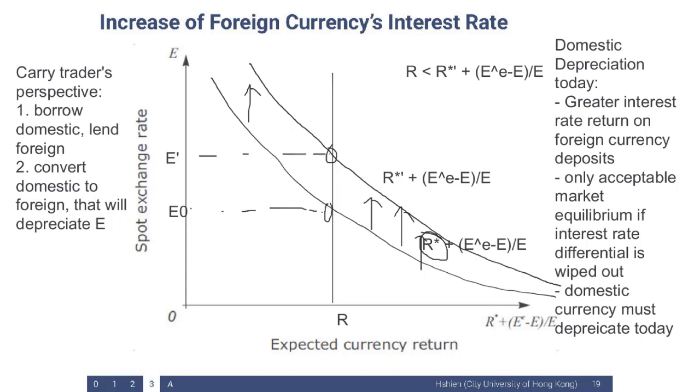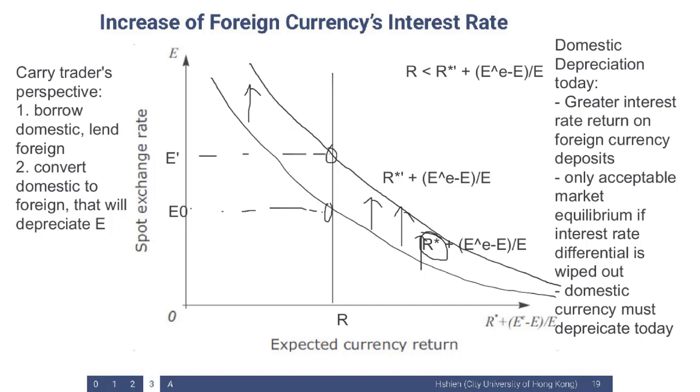R star prime plus (E hat E minus E) over E. Okay, and this is the starting point, and this is the predicted direction of the spot exchange rate.